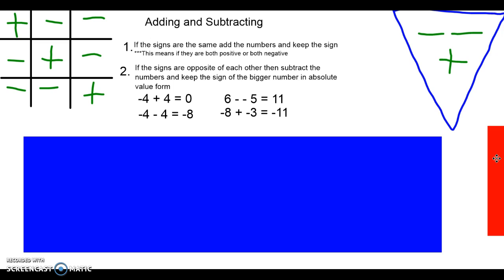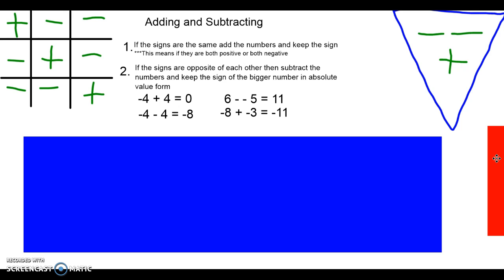The second thing is, if the signs are opposite of each other, then we're going to subtract the numbers and keep the sign of the bigger number in the absolute value form. So what that means is, if we have two numbers that are opposites, we will take those numbers, and let's say it's negative 8 plus 2, those numbers are opposite.